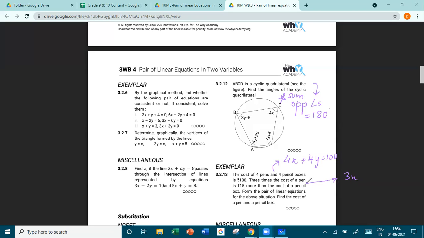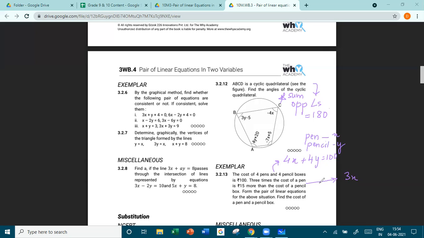So the only part where you might face difficulty in understanding is the second line, which is 3 times the cost of a pen is 15 more than the cost of a pencil box. Let's say pen is x and pencil box is y.